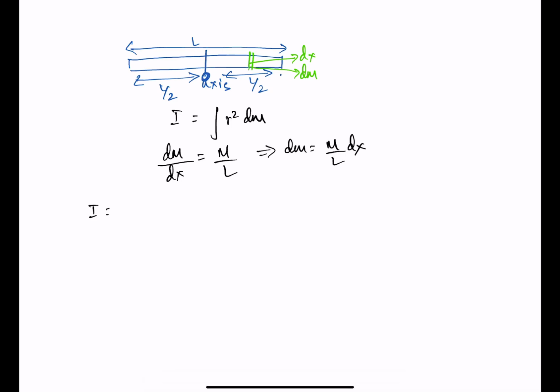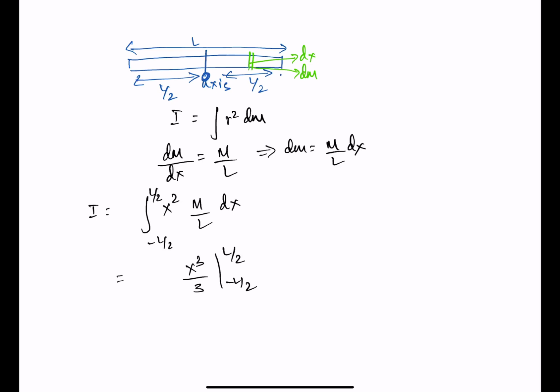So in this case, that will be x squared, m over L dx, from negative L over 2 to L over 2. Taking the integral, you get x cubed over 3, from negative L over 2 to L over 2.